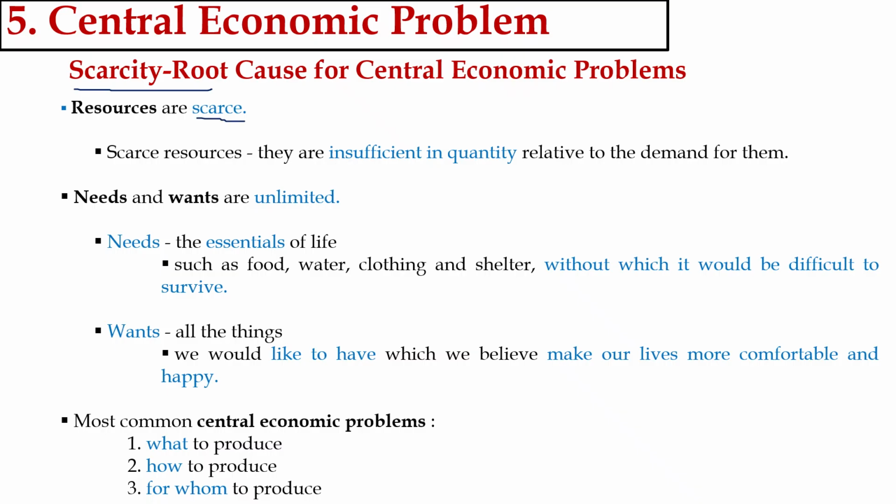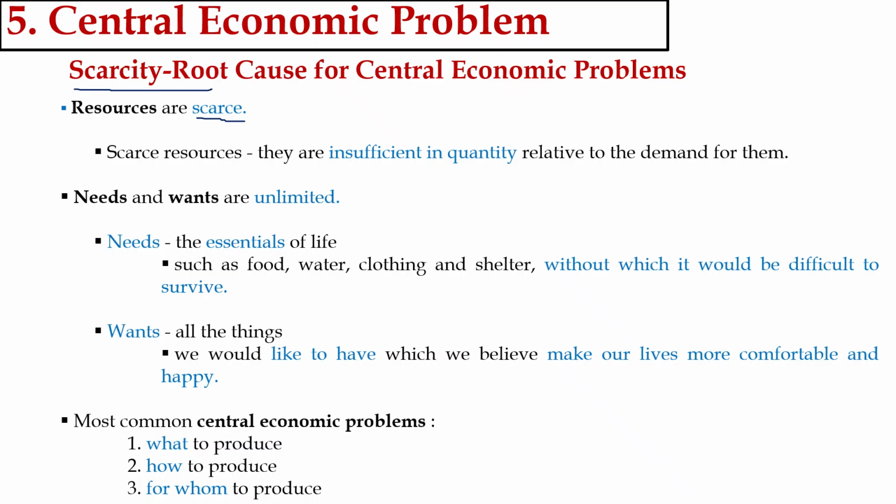A person is working, doing a job. He has a salary of $500. This $500 is the money he receives every month. With this $500, he has to take care of his family expenses.